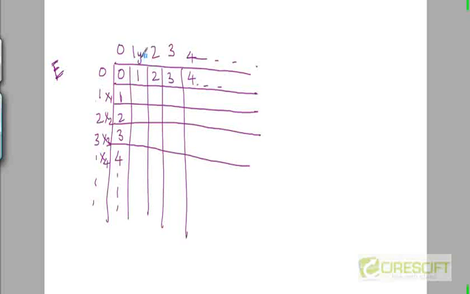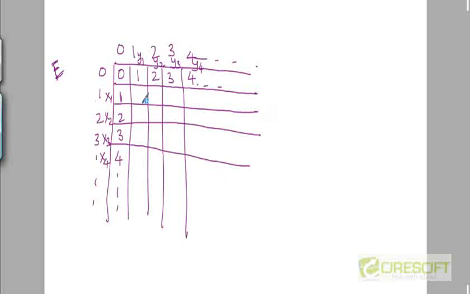Similarly, y1 over here, y2 over here, y3 over here, y4 over here. I'm just laying down the characters of x. The first character of x along the first row, the second character along the second row, and so on. And the first character of y along the first column, the second character along the second column, and so on.